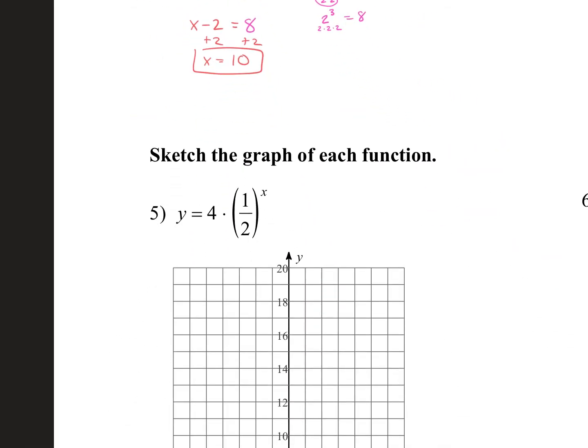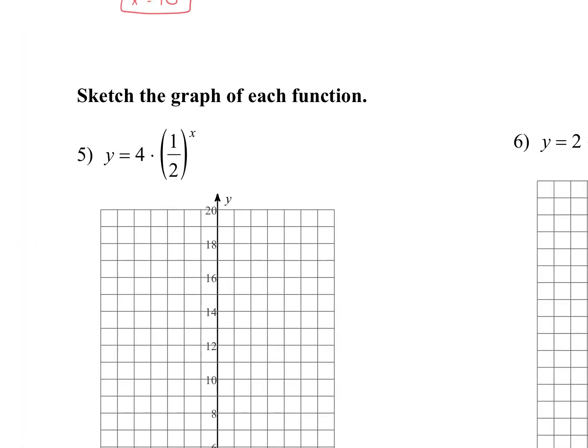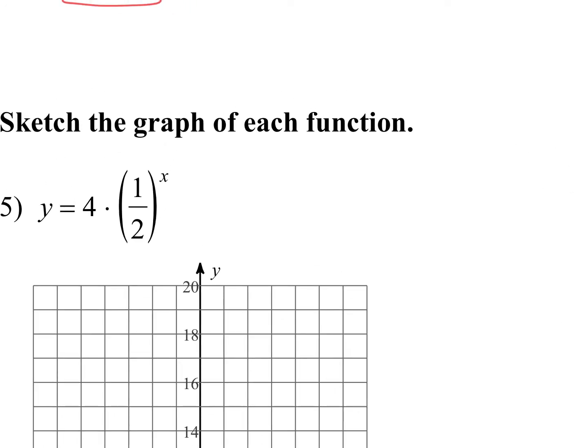Number 5. We need to sketch the graph of the function. So we're going to plug in values for x. That's a good question.